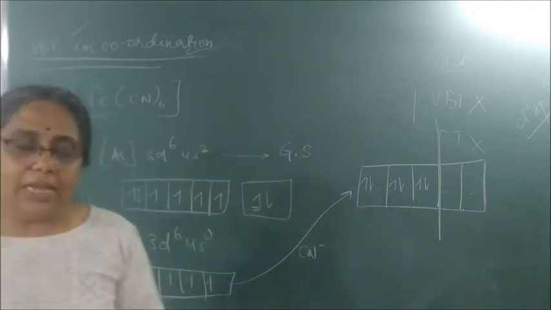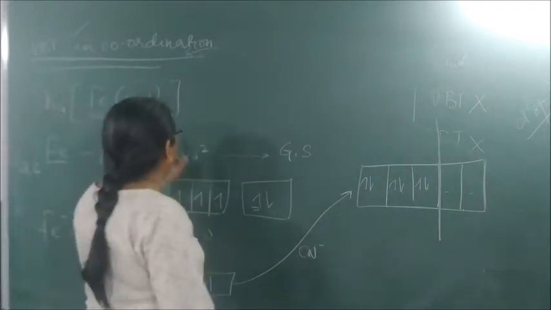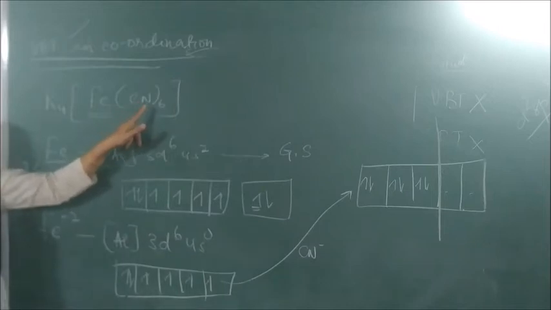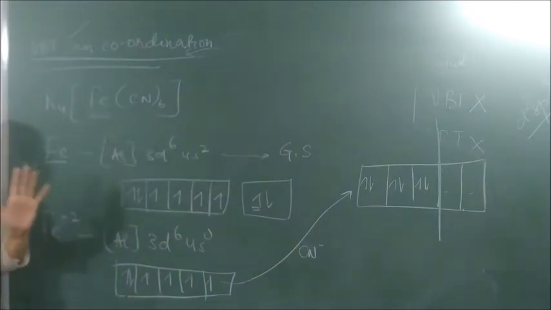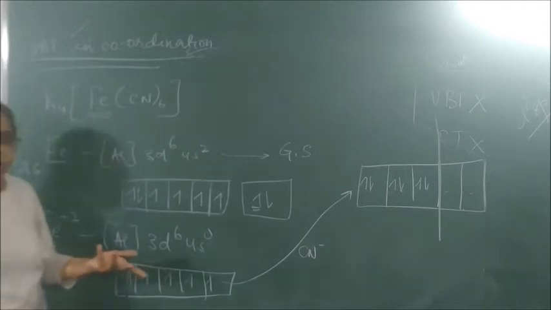Okay, now let us understand this part. Now what is my coordination number? 6. So I require how many empty orbitals? 6 empty orbitals. So from where do I get them?